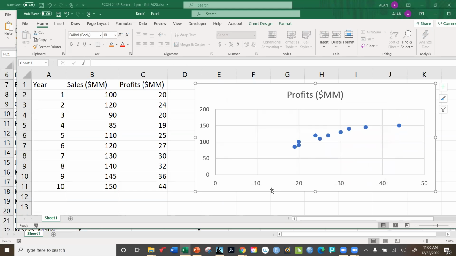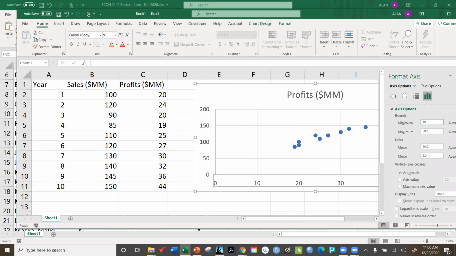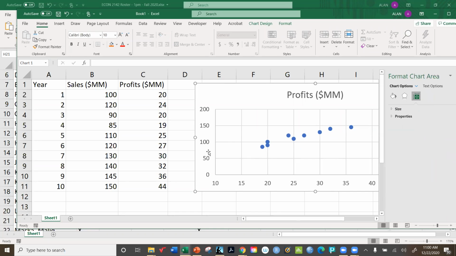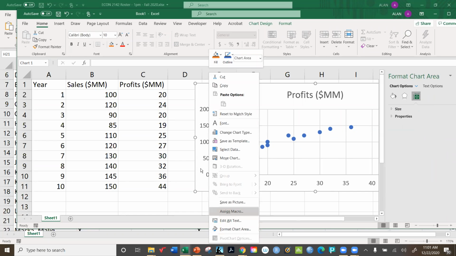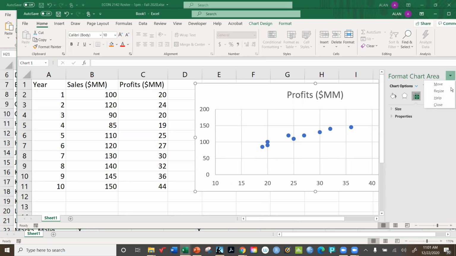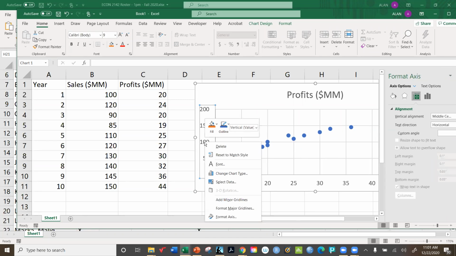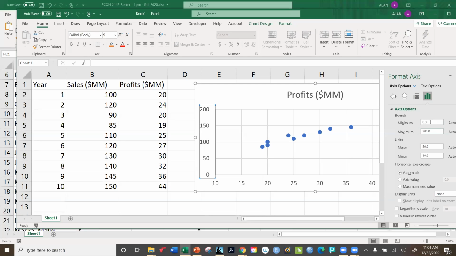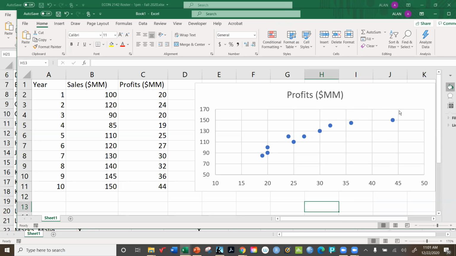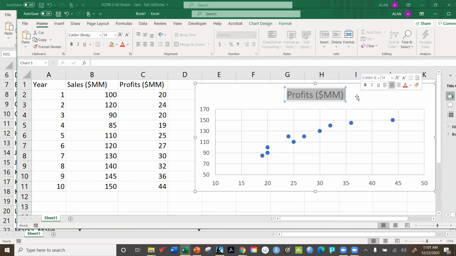And then I want to make it look a little nicer. So I'm going to tidy it up a bit. Okay, so what I've done here is created something called a scatter plot.